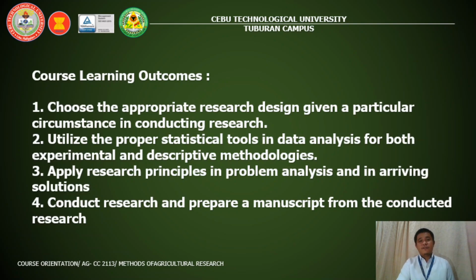You have two types of research, descriptive and experimental. Descriptive is normally survey research, and then you have experimental, the ones where you conduct experiments. These two require different designs, and aside from different designs, different analytical tools and statistical analyses that we will use. So we will also teach you that.